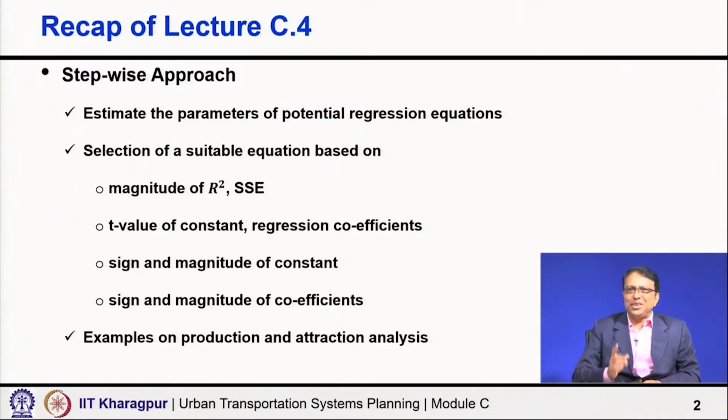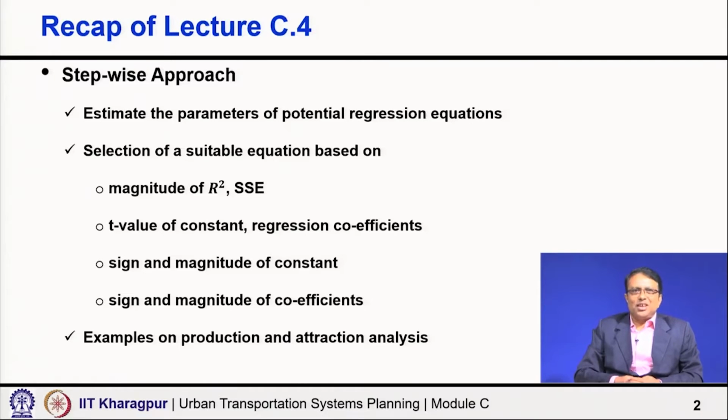Then you need to check the sign and magnitude of the constant. The sign has to be correct or logical, and magnitude also has to be checked. We do not want a very high constant or unexplained component. Then also check the sign and magnitude of the coefficient estimates that we get.